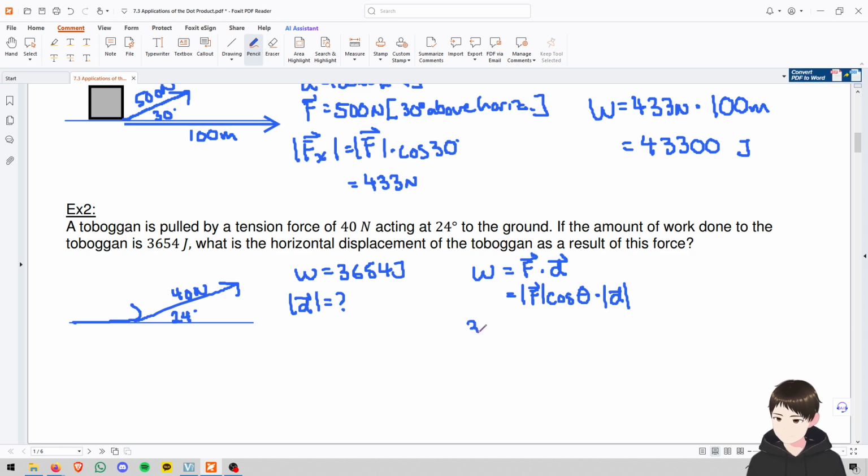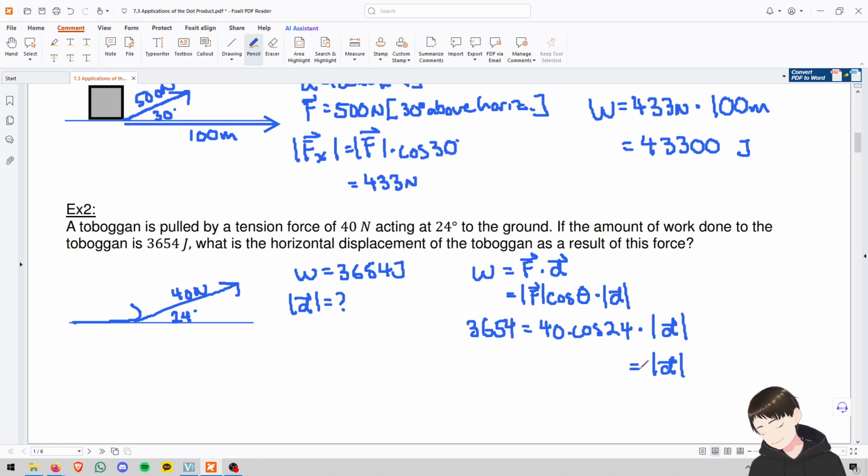We have 3654 equals 40 newtons multiplied by the cosine of 24, multiplied by my mystery displacement. If I isolate the magnitude of the displacement, that is 3654 divided by 40 divided by cosine 24, approximately, and this is very intentional, 100 meters.